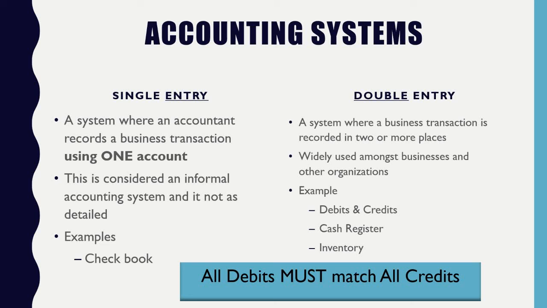Again, this will make a lot more sense when we move on to journalizing. When utilizing double entry, you need to make sure that all debits equal or match all your credits.